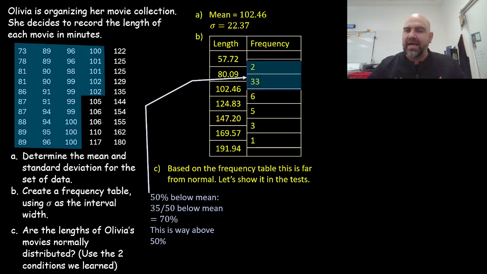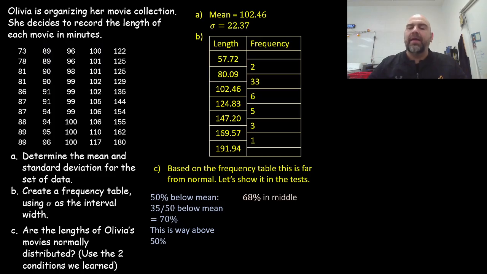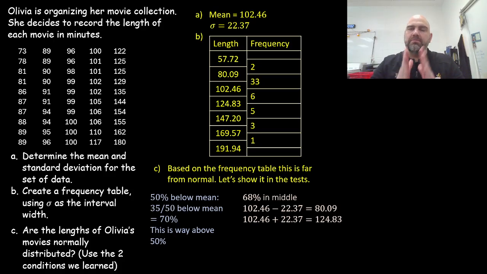I want to show you the second test that we can do as well. And that is, are 68% of the data points between one standard deviation below the mean, which is right there, and one above the mean, which is right there? So what I did is I took the mean, I subtracted a standard deviation and found one limit, which is also in the frequency table, and I added a standard deviation as well, and I want to figure out how many data points are between those two.